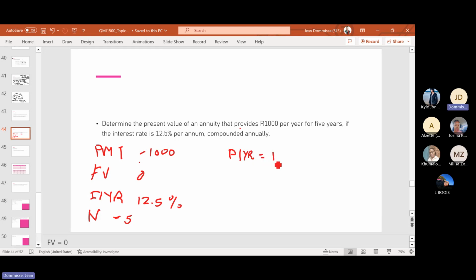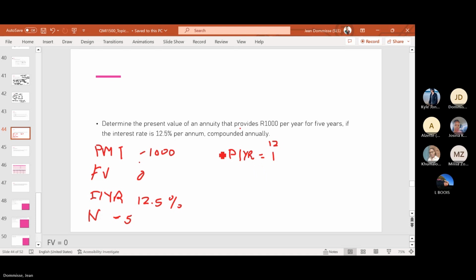I would change that to 1 just for this instance because it's annually. The default is normally 12. So just be careful that the default is normally 12 because one assumes the annuities are a monthly thing.